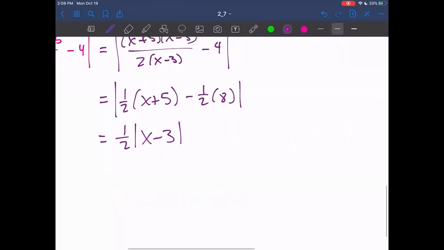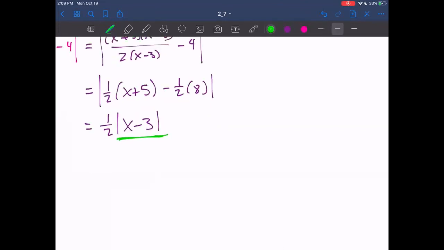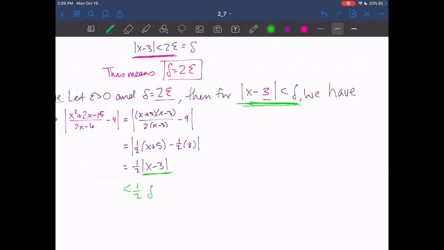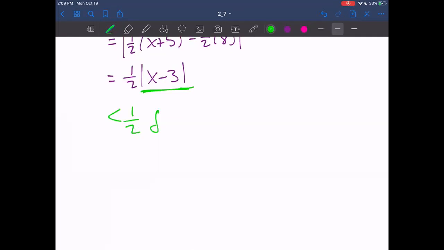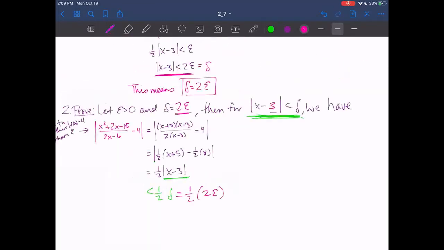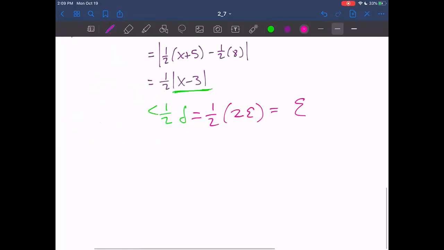Now, we know that x minus 3 is less than delta. I think I said epsilon earlier, but I meant delta. So 1/2 times absolute value of x minus 3 is going to be less than 1/2 delta. And we know that delta is equal to 2 times epsilon, which is what we defined, and that simplifies down to epsilon.